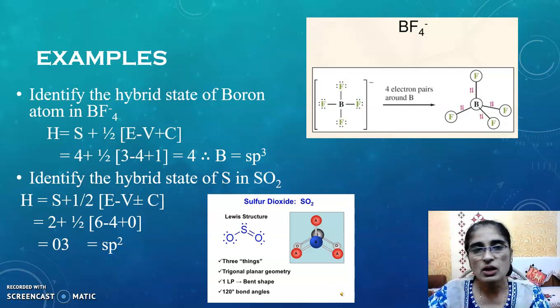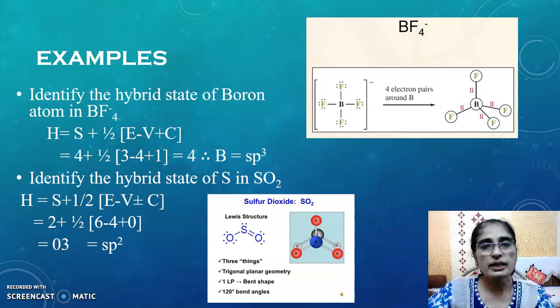Then V, because 4 univalent fluorine atoms are there, so we substitute 4; and C, the charge present on the ion, which is equal to 1. So by substituting the values of S, E, V and C, we can calculate the number of hybrid orbitals will be 4. That means the boron will undergo sp3 type of hybridization.